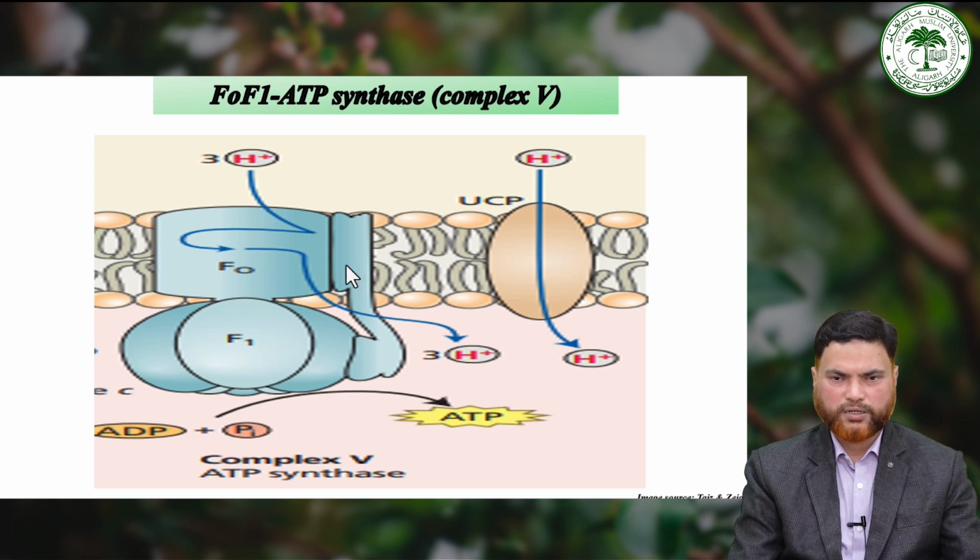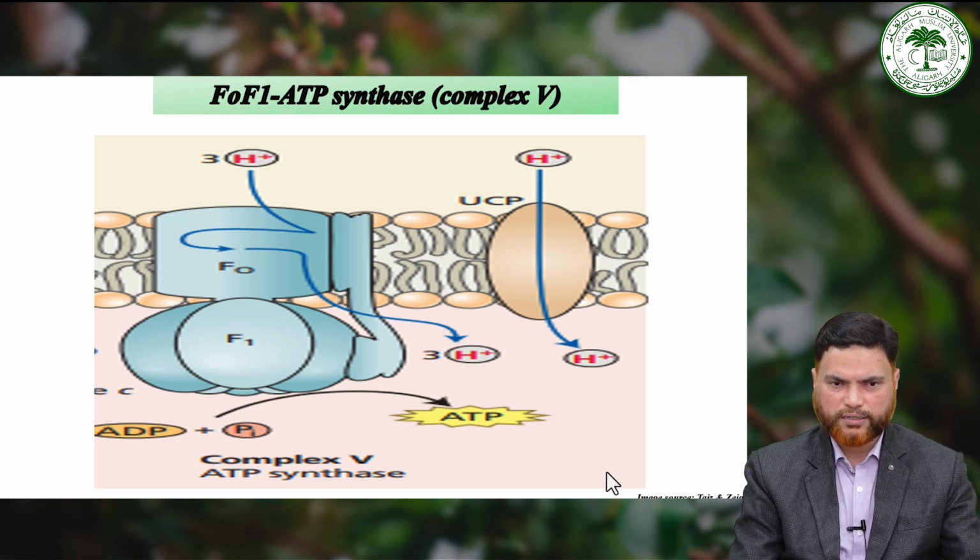The rotation of this rotor subunit induces a conformational change in the catalytic site of the F1 complex, facilitating the binding of ADP and inorganic phosphate to synthesize ATP. Then how is ATP released from this complex? Once ATP is synthesized, it is released from the catalytic site into the mitochondrial matrix.